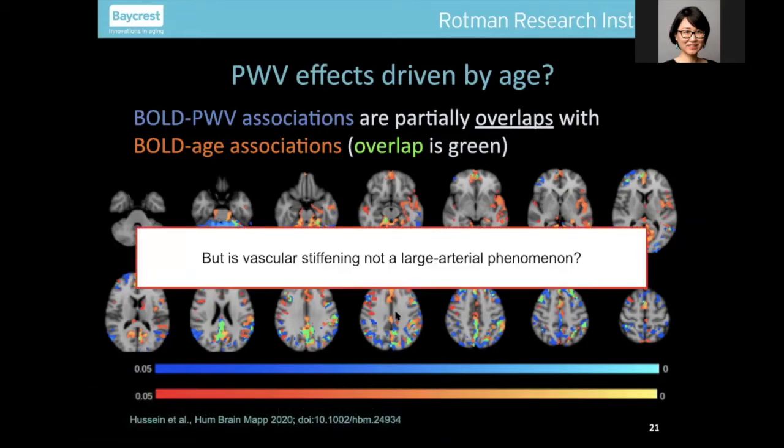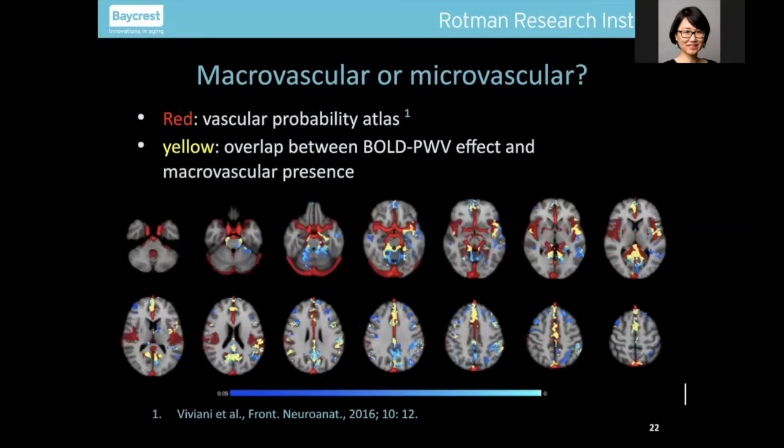So next question, we wondered if vascular stiffening was not a large vessel phenomenon, because we are measuring it from the aorta. We're not necessarily measuring it from the microvasculature. You might ask, because of the buffering mechanisms, as the wave enters the brain, it should be dampened to the degree that it doesn't cause any vascular damage. It doesn't propagate that far, but that's not the case based on what I've seen in the literature.